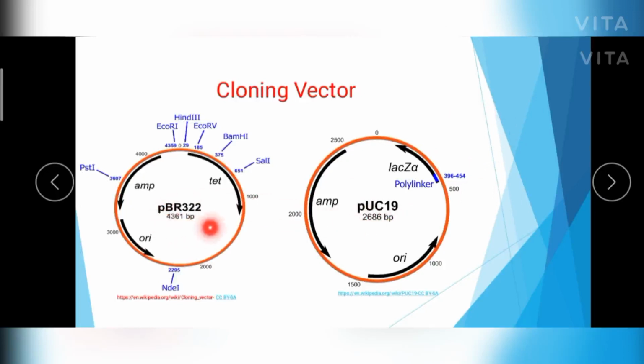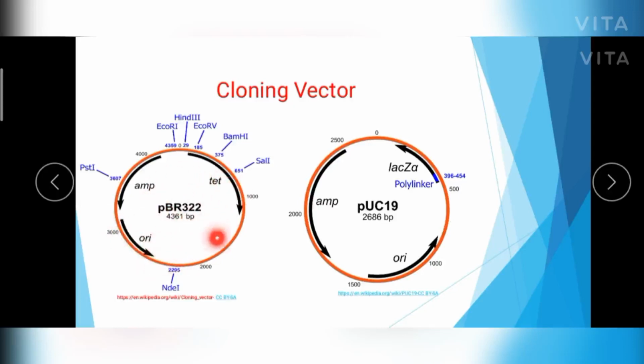Coming to this pBR322, this is the polylinker site, which contains restriction sites for multiple restriction enzymes, and the ampicillin and tetracycline resistance genes are the marker genes, along with the origin of replication.